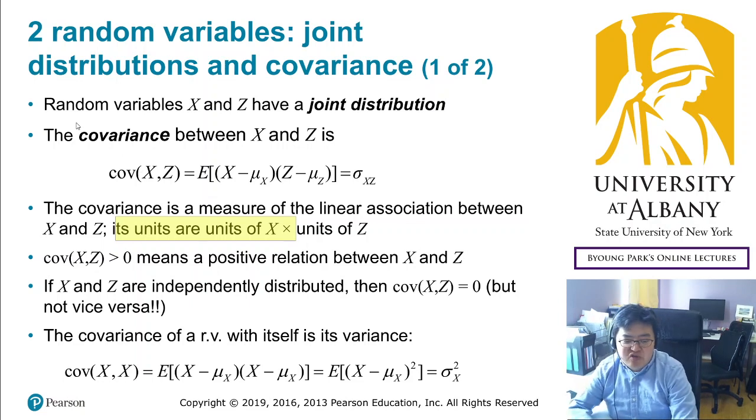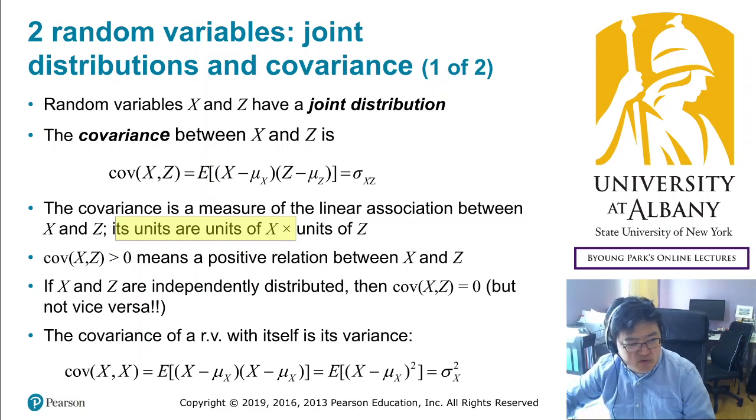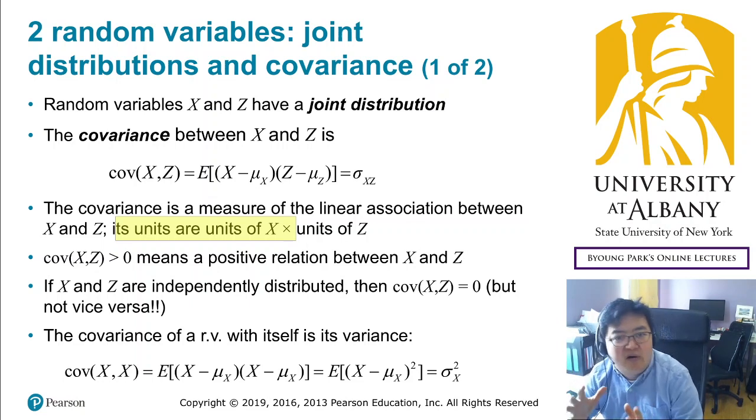So when you change pounds to ounces or inches to feet, you have to multiply by a certain number, and every time the covariance will change. That is very inconvenient, because changing the unit does not change the nature of the random variable, but the measure changes, which is not desirable.